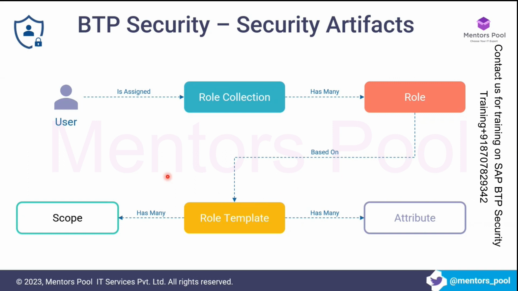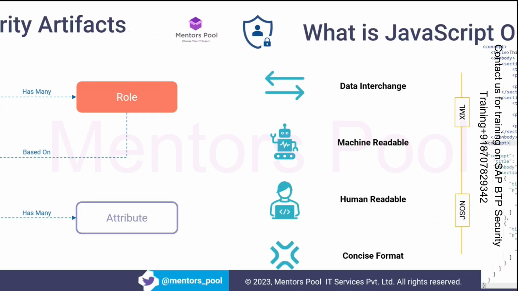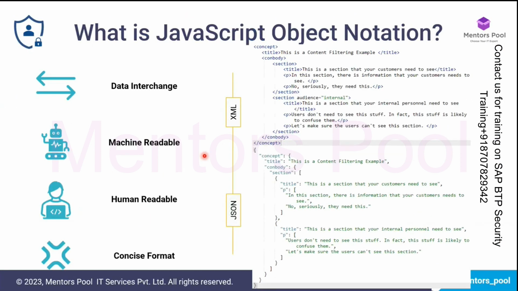Okay. The next thing that we did was we saw what is JSON, JavaScript Object Notation, the full form, and how it is different from XML. So JSON, like we covered yesterday, is a method of data interchange. This is a machine readable format. It's also a human readable format.